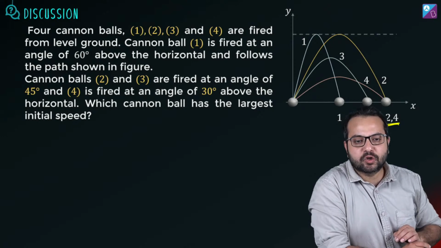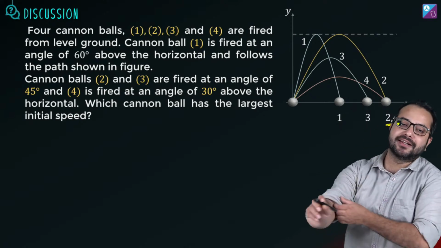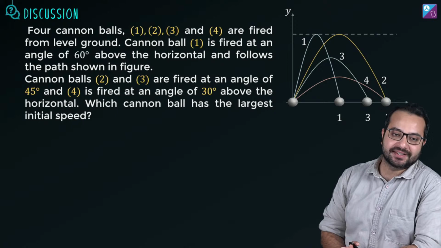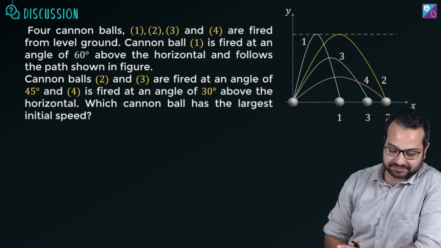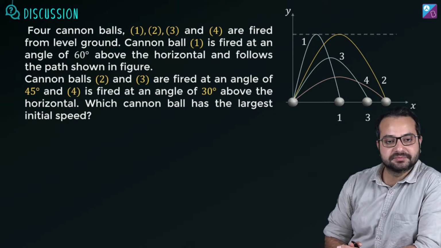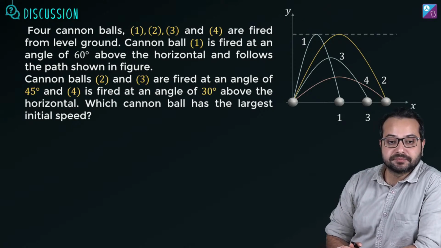Manab Mandal is saying 22. What does that mean? 22 तो ऑप्शन भी नहीं है. It's only 1, 2, 3, 4. Nikita is saying 1.